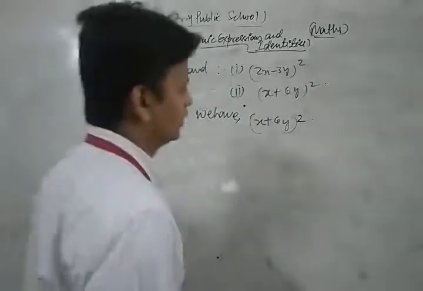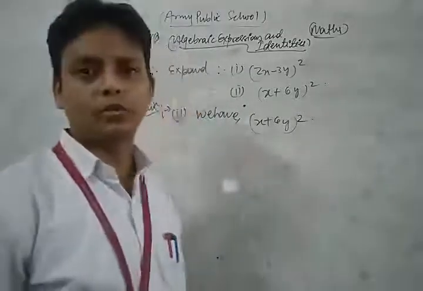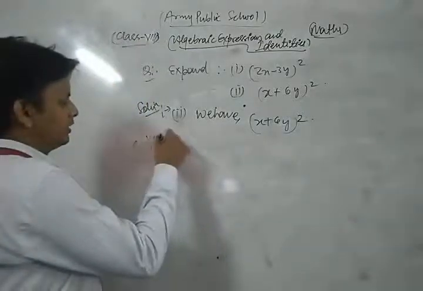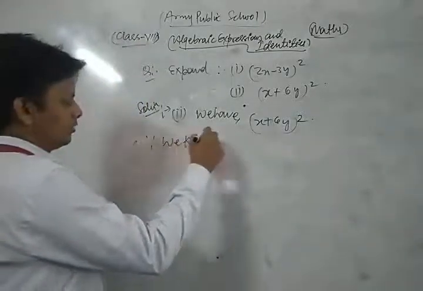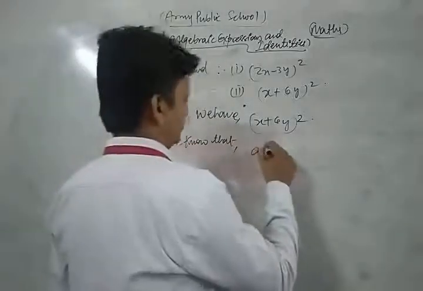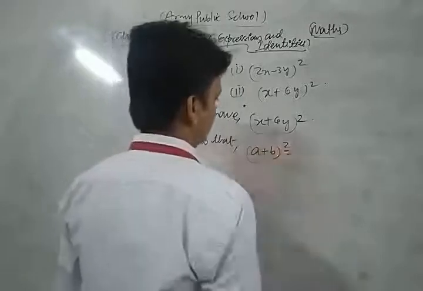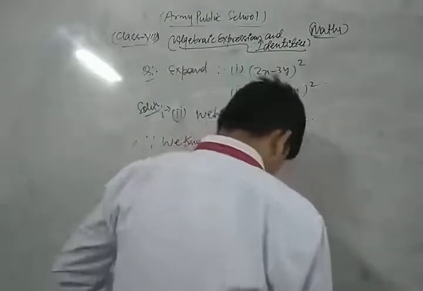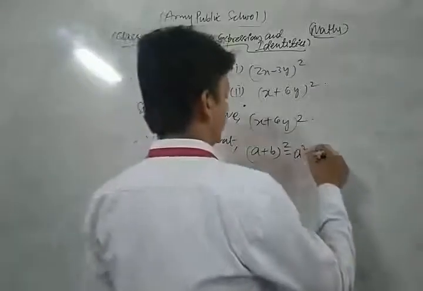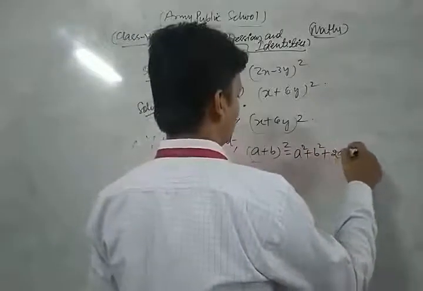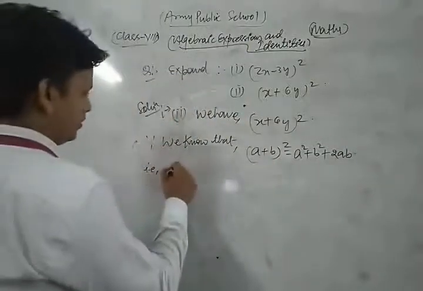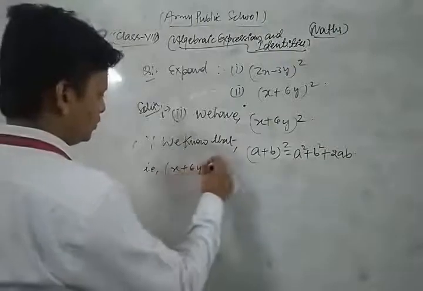Okay, (x plus 6y) whole square. So what do I do for that? We apply the same method, since we know that (a plus b) whole square is equal to what? (a plus b) whole square means a square plus b square plus 2ab. That is, (x plus 6y) whole square is equal to.